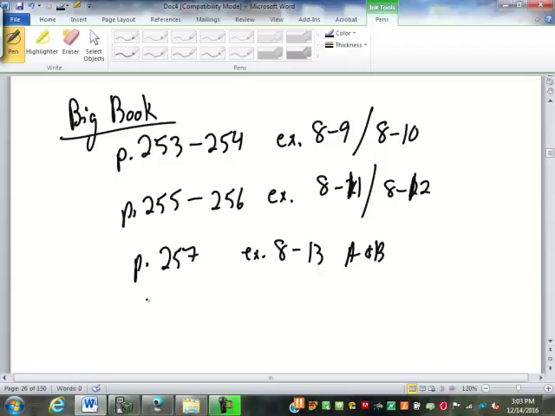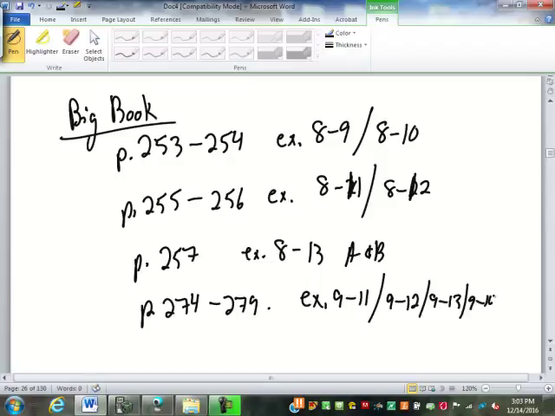So then we'll jump up from there to page 274. On page 274 through 279, it's going to be exercise 9-11, 9-12, 9-13, 9-14, and 9-15.